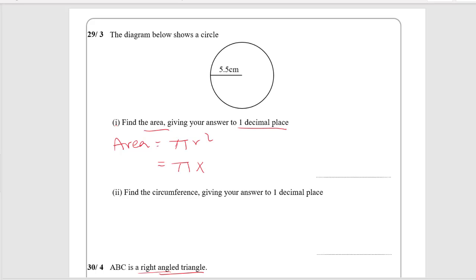So pi, radius is 5.5, already given, so 5.5 squared, and that gives us an answer of 95.03317. We need to round to 1 decimal place, so that will give us 95.0 centimeters squared.